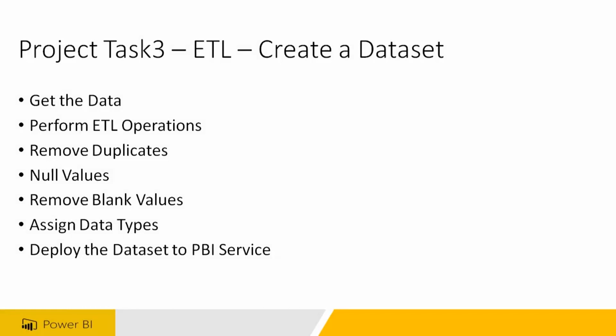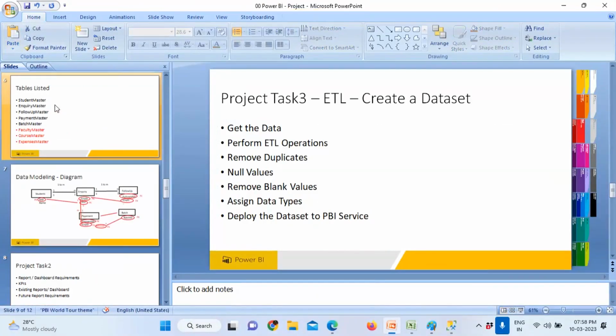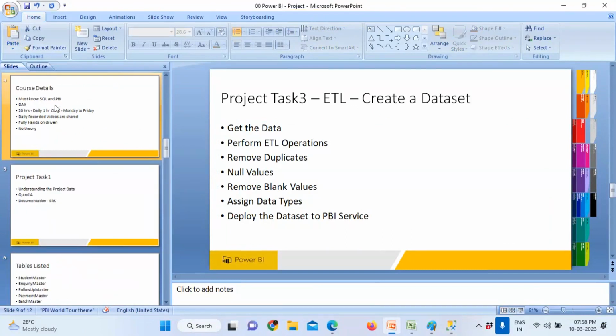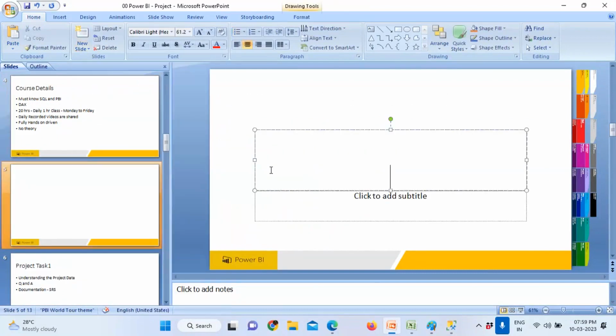So let us concentrate only on data preparation first. The data preparation phase is what we are going to start. Data preparation is also what is called data engineering. Clear? So task number one, understand the project, and this is what you can call data preparation.